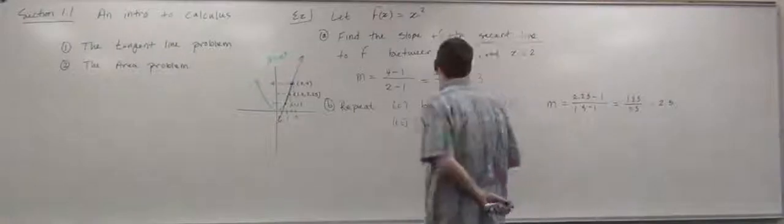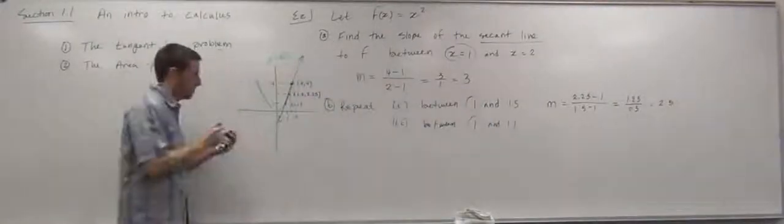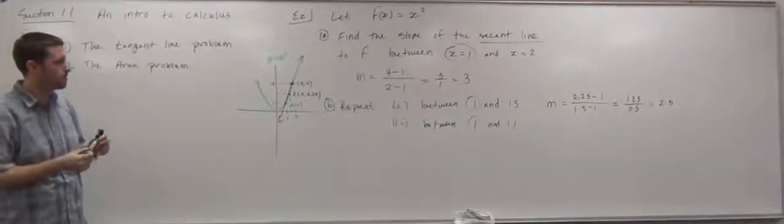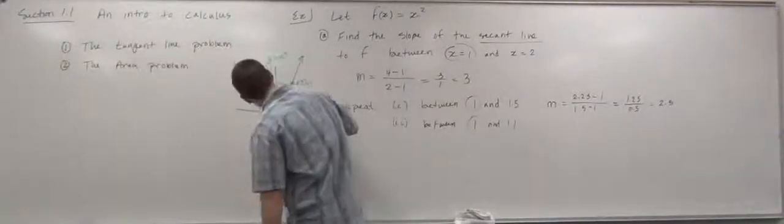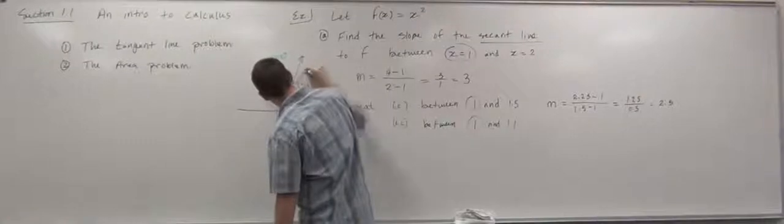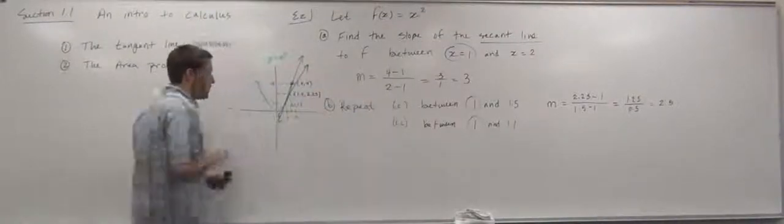So what happened to our slope? It got smaller, which makes sense, right? Because if you look at this new secant line, it's not quite as steep.